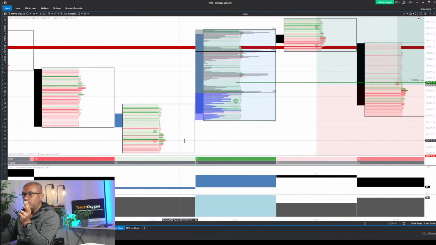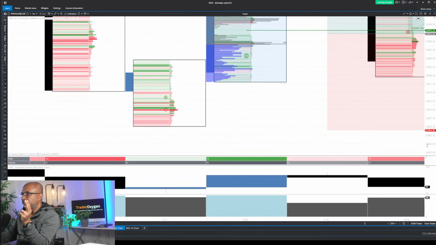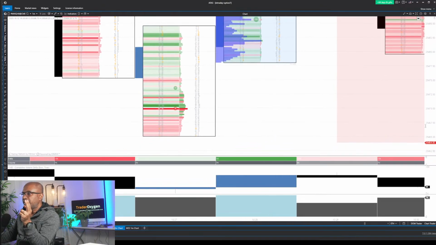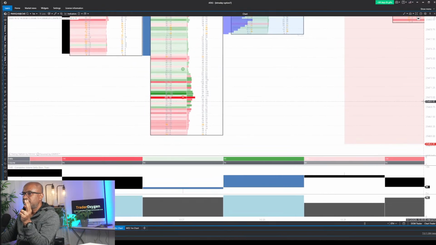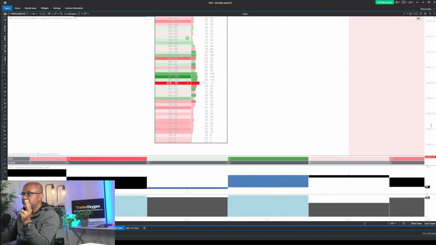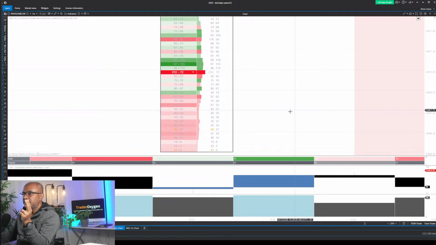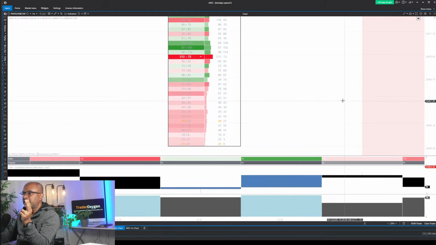Then I will show you also, if I zoom this chart further, this area, right? If I zoom it further, you can see in this whole area aggressive selling happening. See, Ron, aggressive selling printed in the footprint chart.